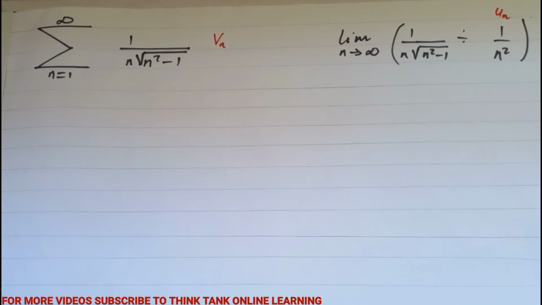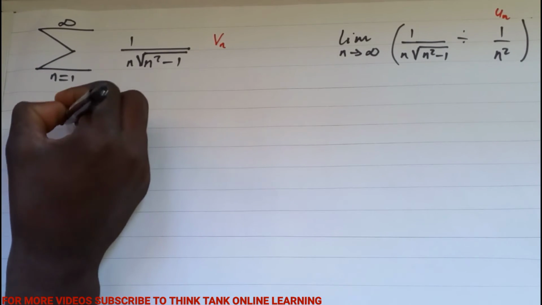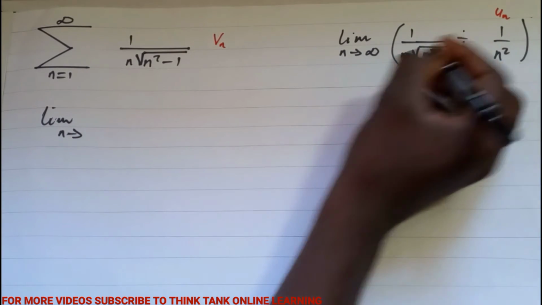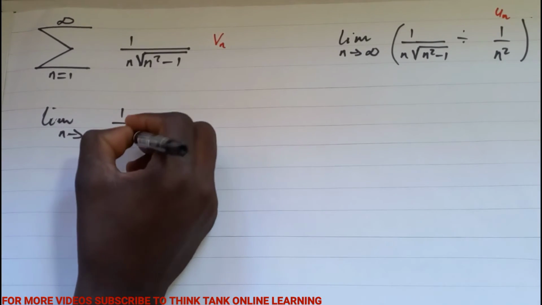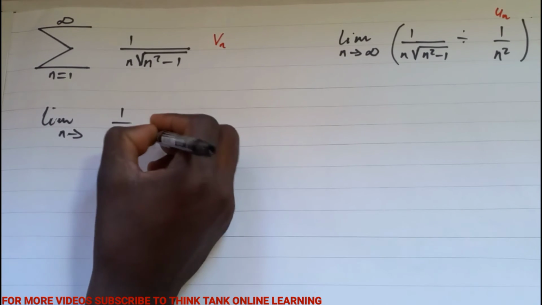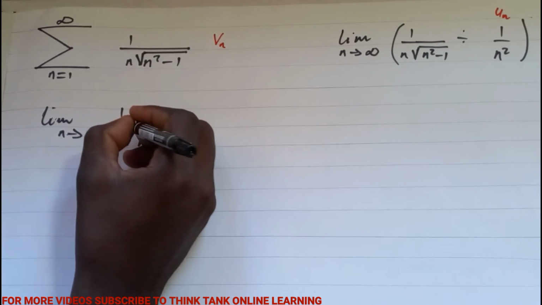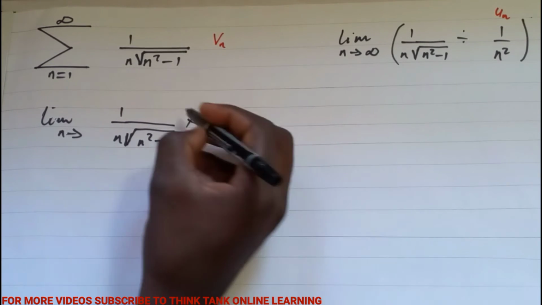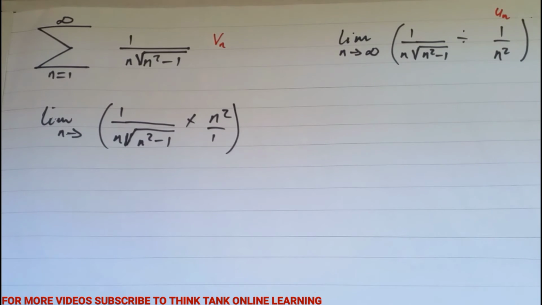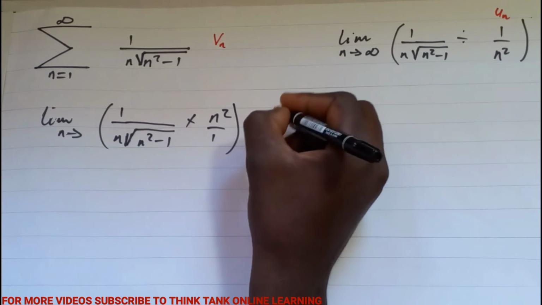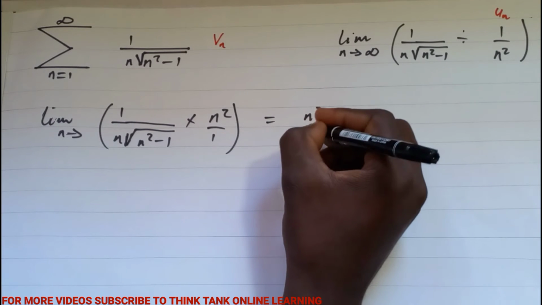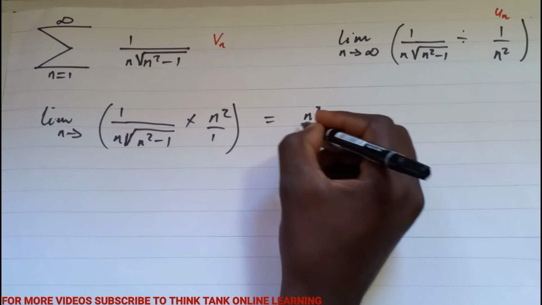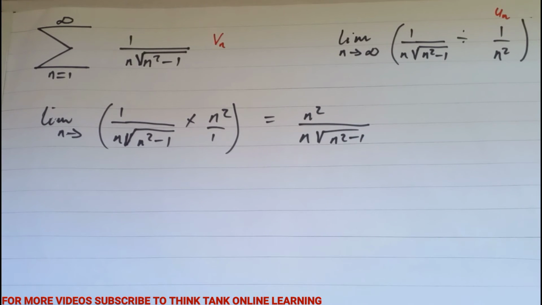So my test, I'm going to say limit as n approaches infinite of 1 over n squared minus 1 times n squared over 1, this is equal to n squared over n squared minus 1.